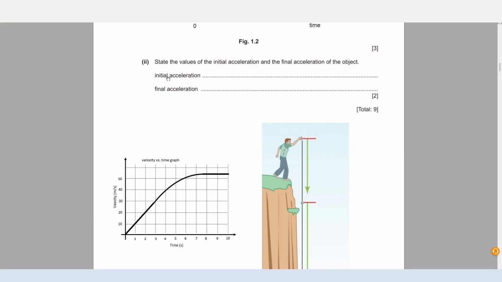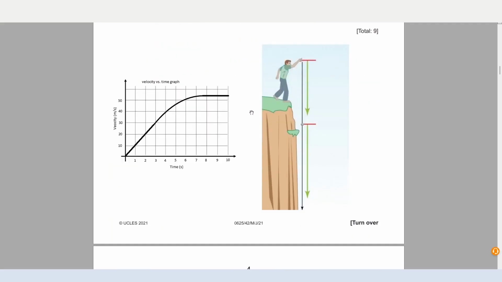So we can write here initial acceleration is 9.81 meters per second squared, as gravity is pulling that stone down. Final acceleration is going to be 0 because you can see here that the gradient is 0, and the gradient of a velocity-time graph gives us acceleration. So we can write here 0 meters per second squared.